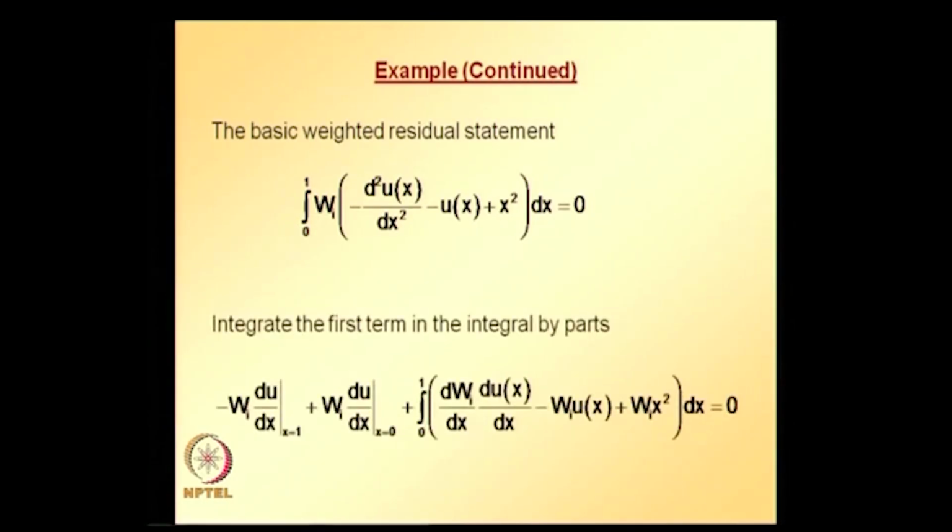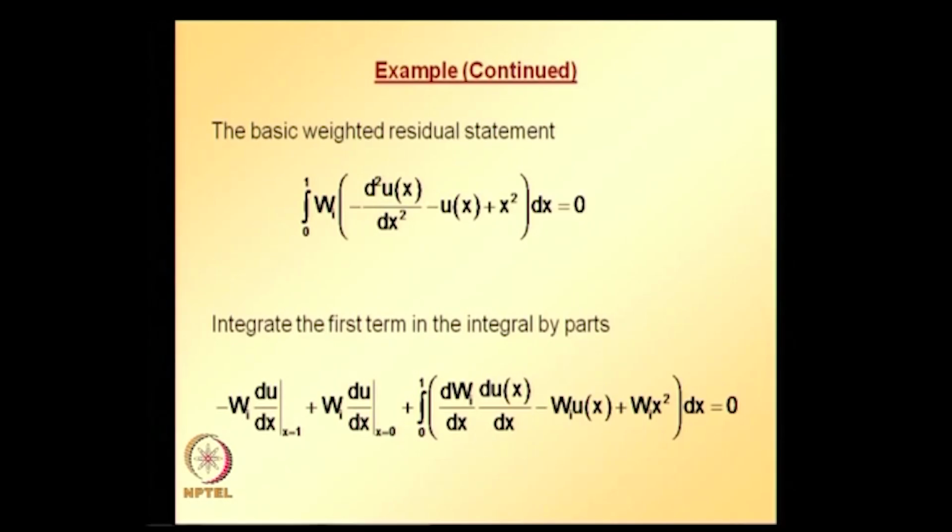So before we proceed further, what we need to do is we look at any higher order derivative terms, and we will use integration by parts and reduce it to the lower order terms. So if you see this equation, the first term is having the second derivative of u, so we can use integration by parts on the first term, that is w times minus second derivative of u with respect to x square.